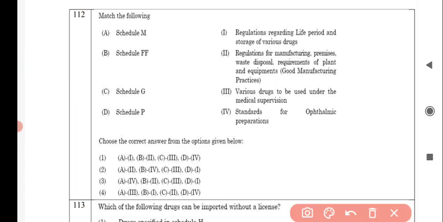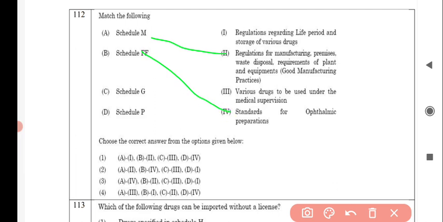Next question is, match the following. So first is schedule M, and it correctly matches with option number 2, that is regulation for manufacturing premises, water, waste disposal, requirements of plant and equipments, that is GMP, good manufacturing practices. Next is schedule FF, and it correctly matches with option number 4, that is standards for ophthalmic preparations.